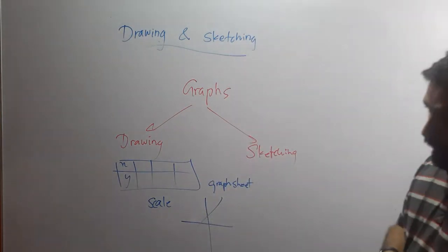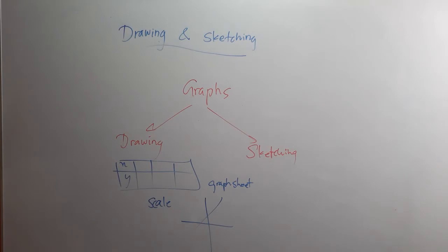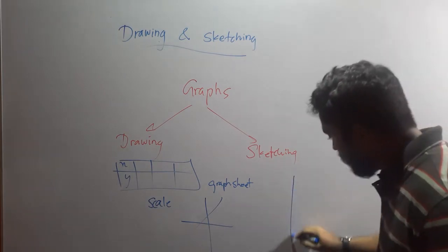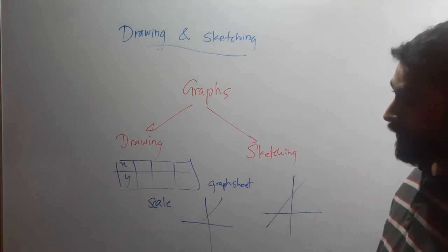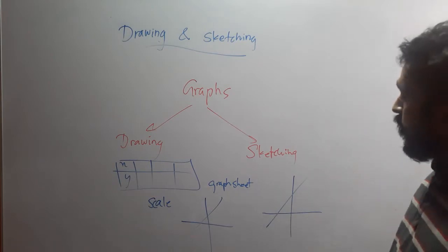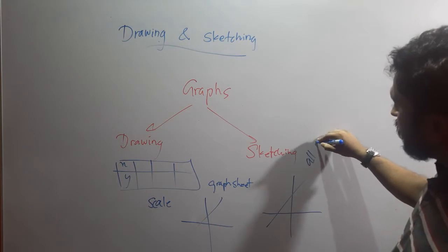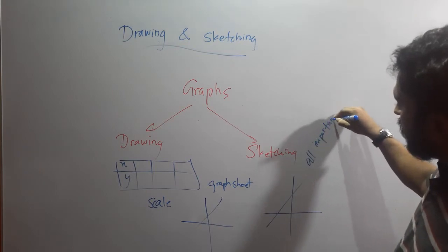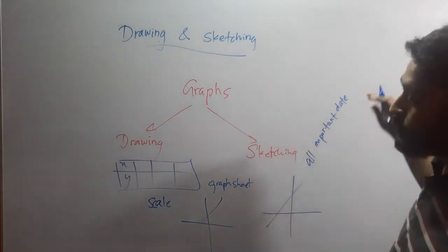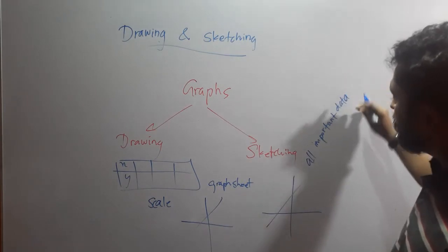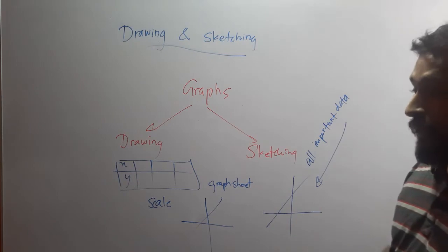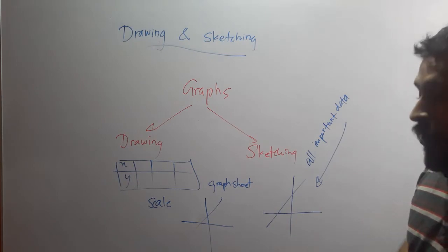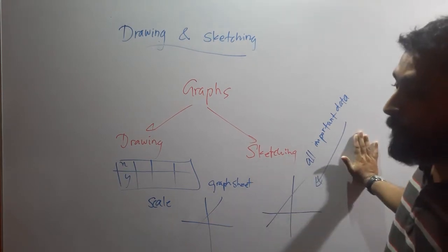But you need to make sure that in sketching, yes, we just make a sketch of the graph, but all the important data should be included in this particular graph.